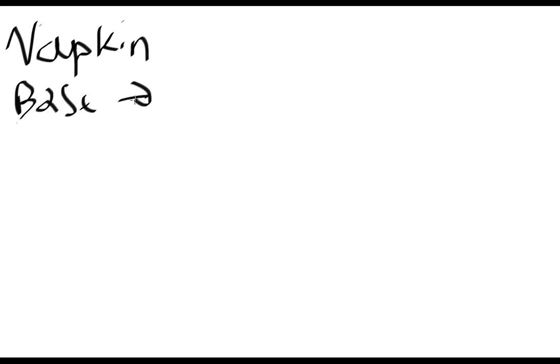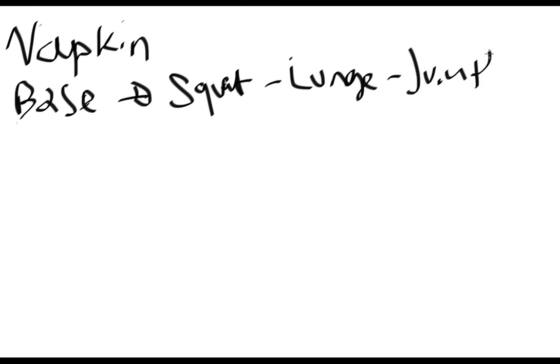So it could be anything, and it could be related to your sport, it might not be, but for argument's sake, say examples could be a squat, a lunge, a jump, anything you like could go in there, and it could be related to your sport or not.